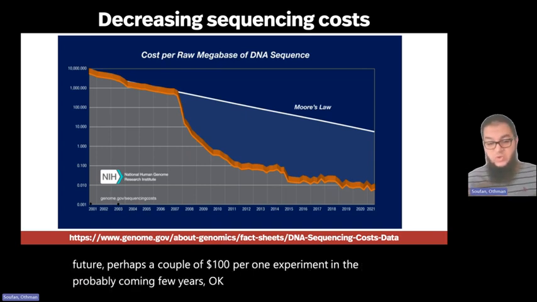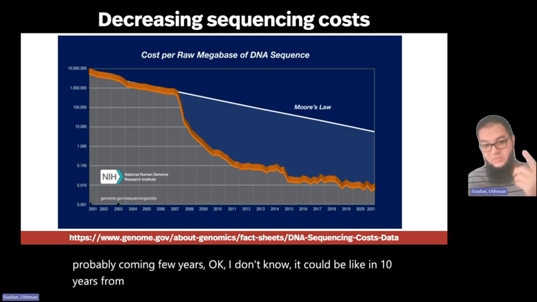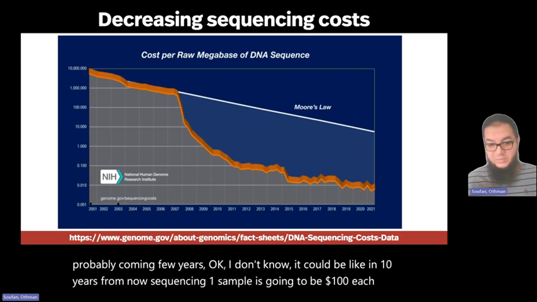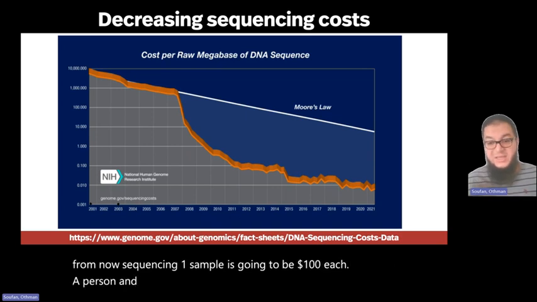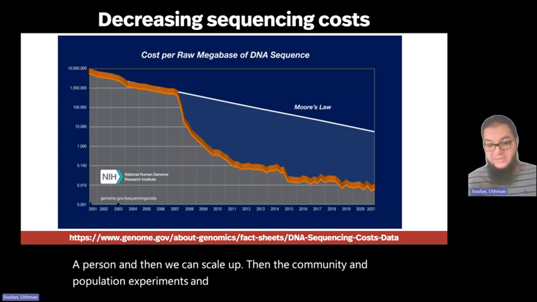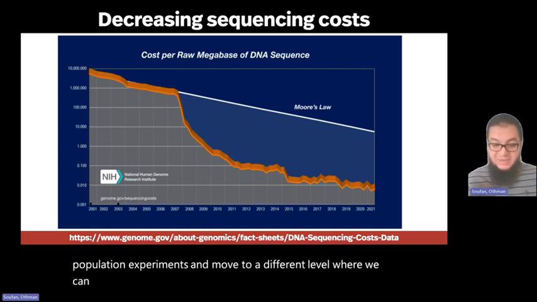It could be that in 10 years from now, sequencing one sample is going to be $100 each person, and then we can scale up to community and population experiments and move to a different level where we can examine diseases, genetics, and so on and so forth.